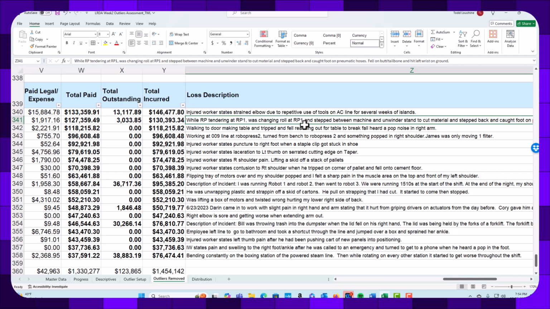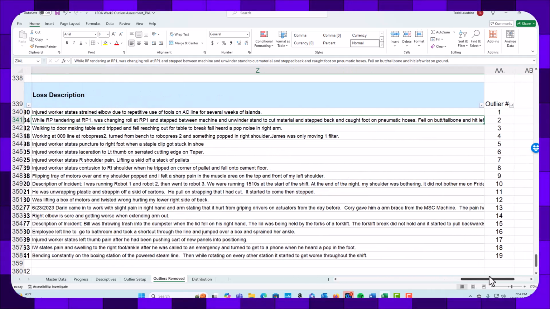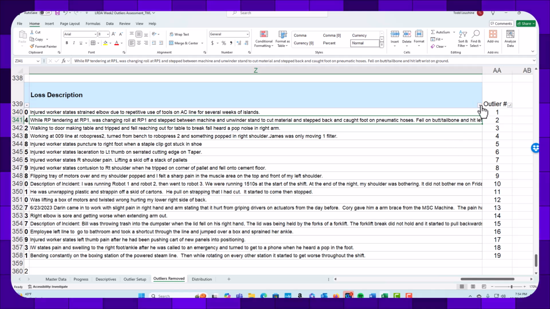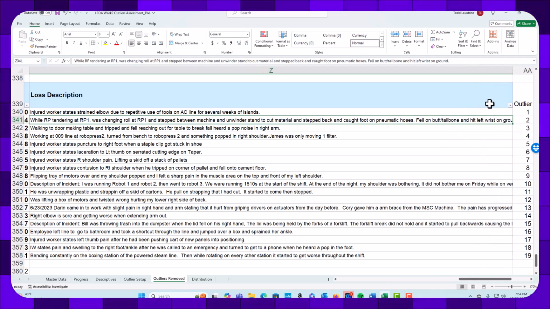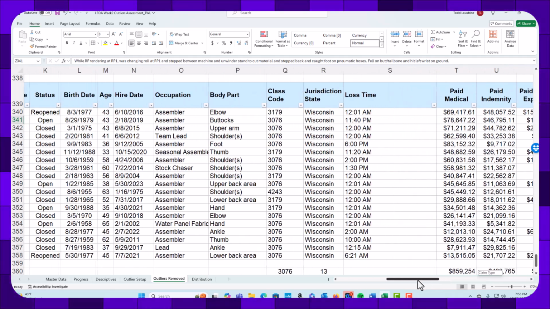Next, while tending at RP1, changing roll at RP1. So we have to just kind of walk by that stuff, step between machine and unwinder stand to cut material, step back, caught foot on a hose, fell on tailbone, fell onto a hit wrist on the ground. Okay, so they fell and hit the ground. What did they classify this as?